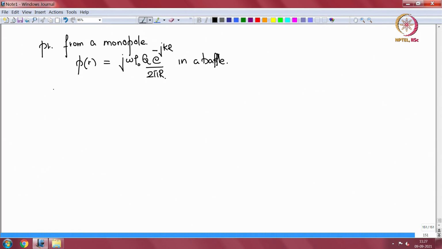Now we have to deal with distances, source distance to receiver distance. The source is the cell and monopole, and the receiver is the receiver point. Although it has a certain volume velocity, I have to locate it in some place, so I locate it at the corner.